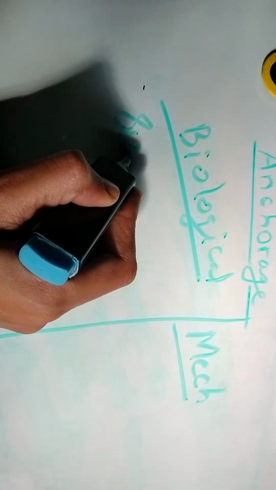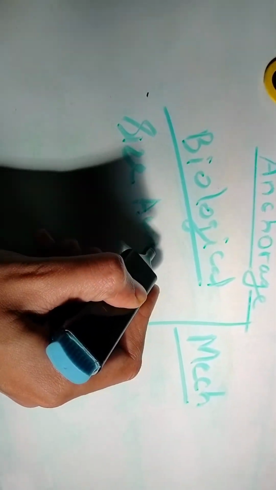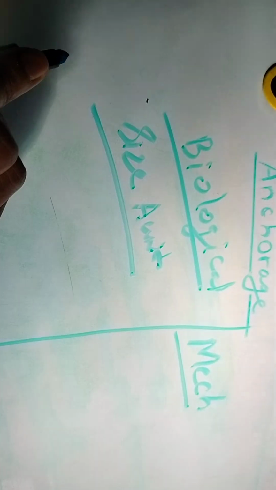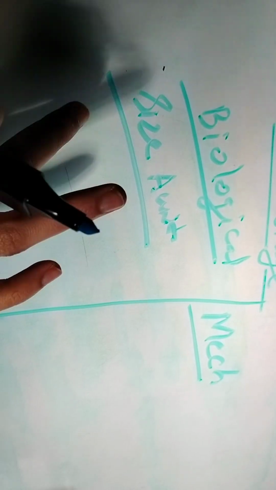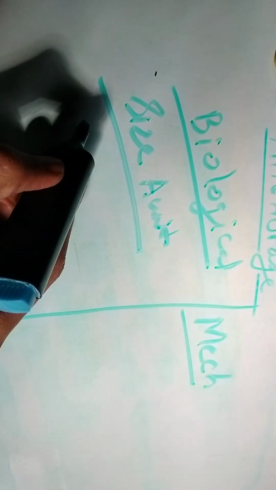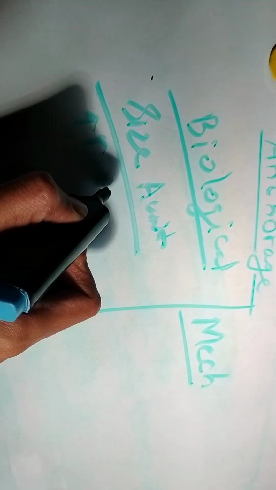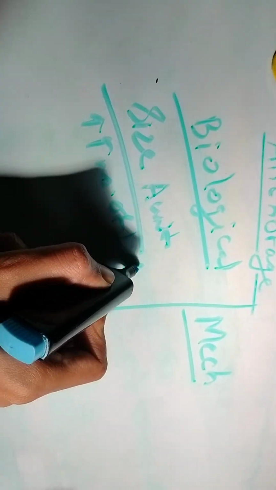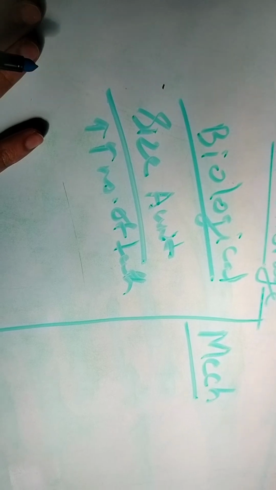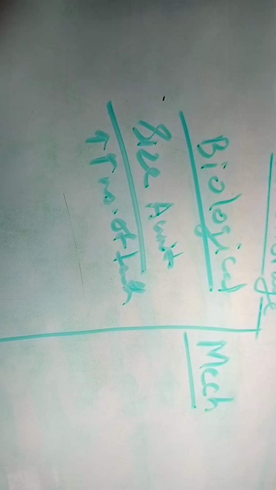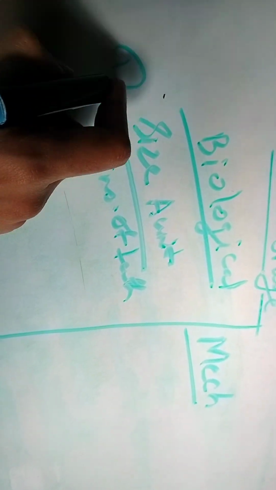Size of the anchor unit is the first biological factor that affects the anchorage. The anchorage value depends on the size of the anchor unit. Increasing the number of teeth increases the anchorage and minimizes the unwanted tooth forces.